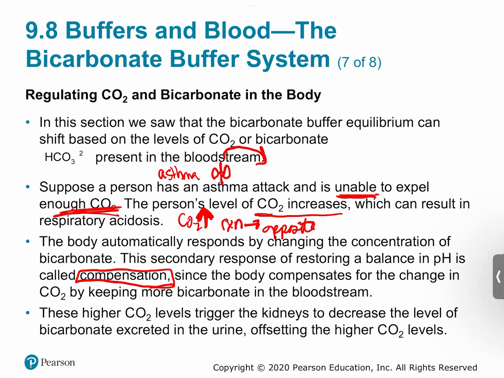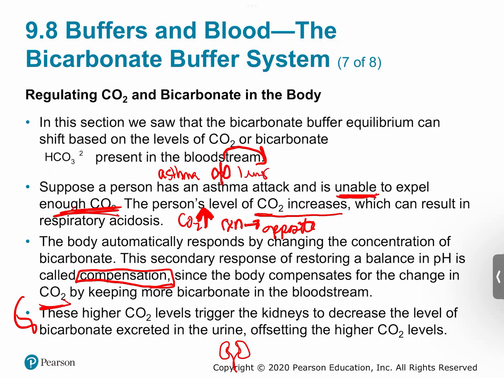So you're having a change, for example, in the reactants, and think about what the reaction wants to do. So the body compensates for the change in CO2 by keeping more bicarbonate in the bloodstream. And one of the ways that this can happen is for the kidneys, your filters there. I know my kidneys and my lungs kind of look alike.